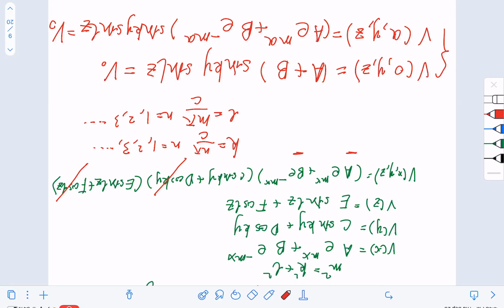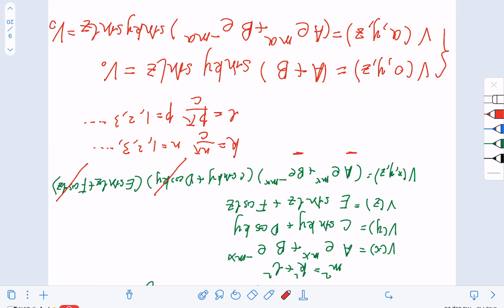Let's clear up the notation first. So along the y direction, k takes the value of n pi over b, where n goes from 1 to infinity, all the positive integers, and l, let's say, takes the value of p pi over c, where p is a positive integer from 1 to infinity.